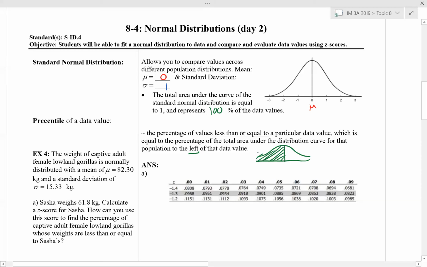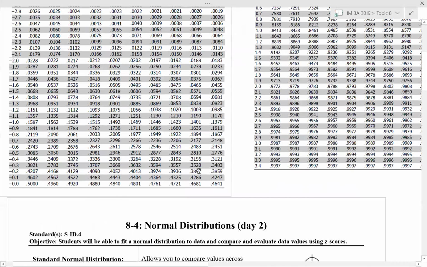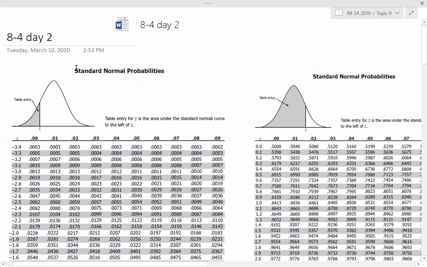Okay, so using the z-score and the z-table, we can find these percentages precisely. So if we were in class, you would get a paper that has this on both sides. So these are standard normal probabilities depending on the z-score.